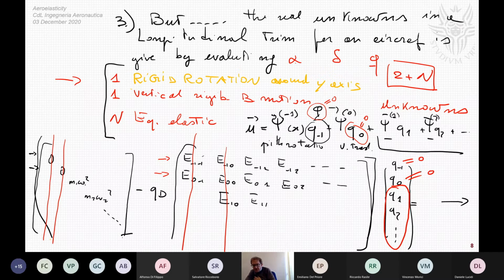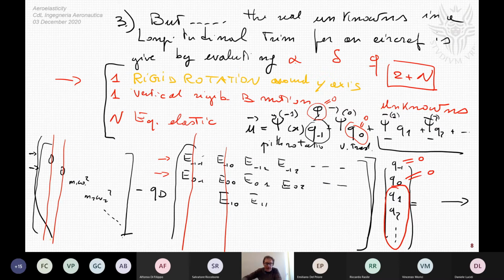So here we are imposing the trimming condition, and therefore these first two columns of the stiffness and aerodynamic stiffness matrix, we could name the generalized aerodynamic force matrix evaluated at zero frequency an aerodynamic stiffness, if you want.